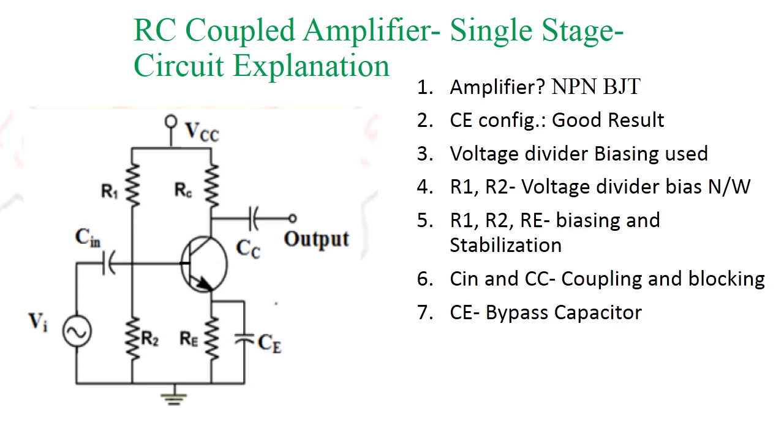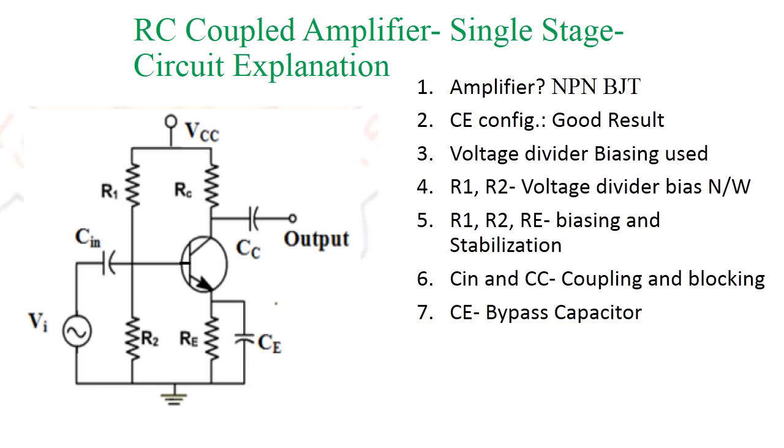So we have discussed some configurations: common emitter, common base and common collector. In those three configurations, common emitter configuration gives good result. So we used common emitter configuration here also in RC coupled amplifier, where the emitter is grounded, or this emitter is common for base and collector.